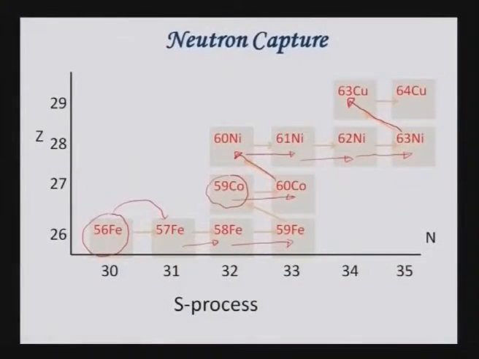So, nickel-63 is beta active, and when it decays, one of the neutrons decays to a proton, that will make copper. So, this way the process will go on and you will get elements beyond this iron nickel region. This is called the slow process or S process, because the time scales involved are decades and centuries.